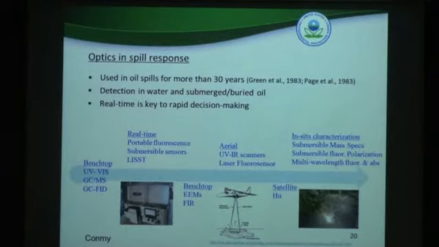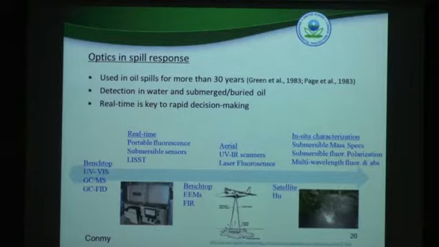You can detect it on the surface, you can detect it in the water column, and you can detect it in the sediments using real-time fluorescence instruments in various configurations. And the real-time measurement is critical for decision making.